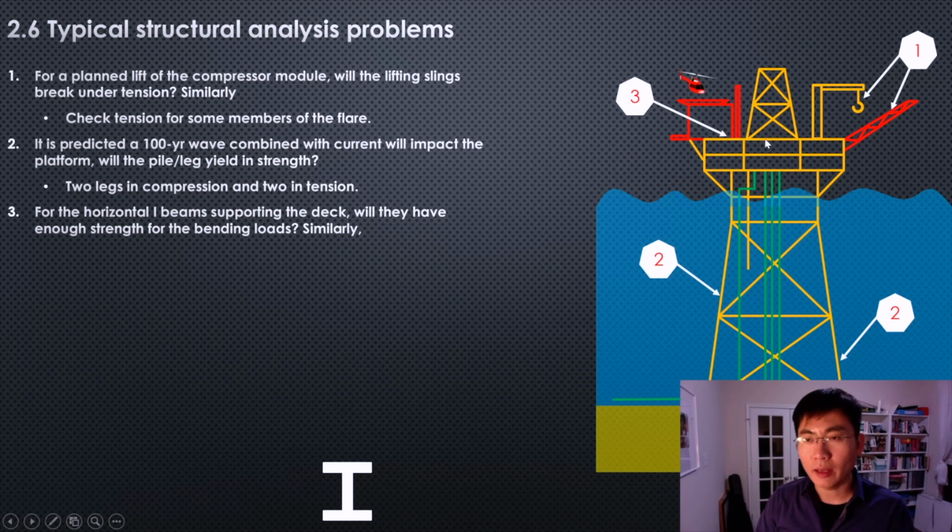And on the topside, people will use I-beams. And if you remember, we have strong axis and weak axis. We know the load is coming from the top, and we know the I-beam in this orientation is strongest in this vertical plane direction. So that's why you see most of the I-beams laid out this way rather than in an H shape.